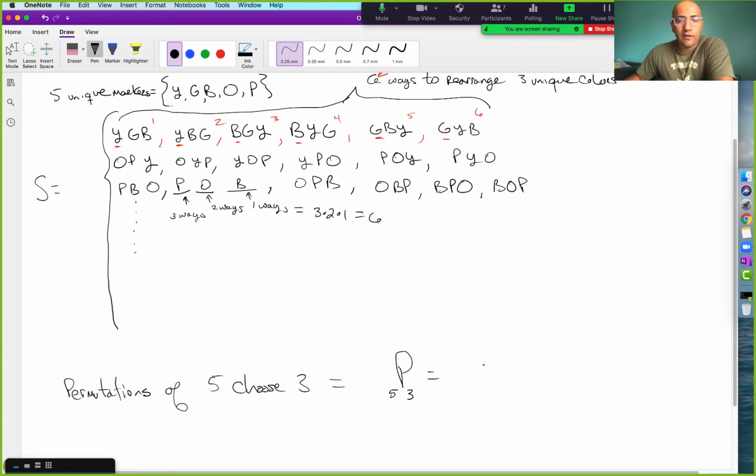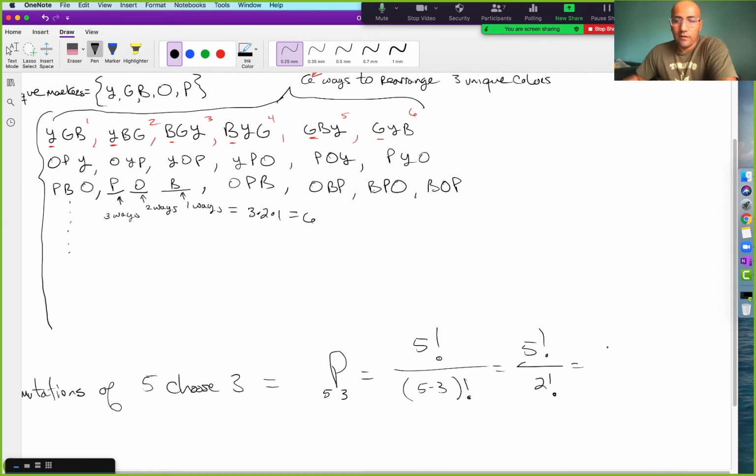We know our formula for this is going to be equal to 5 factorial over (5 minus 3) factorial, which is the same thing as 5 factorial over 2 factorial. If we multiply this out, that's 5 times 4 times 3 times 2 times 1, all over 2 times 1.